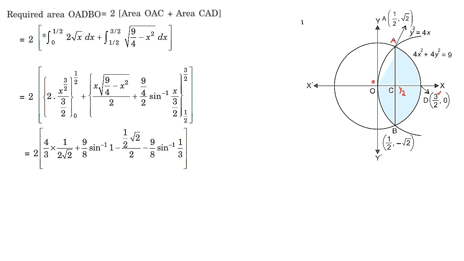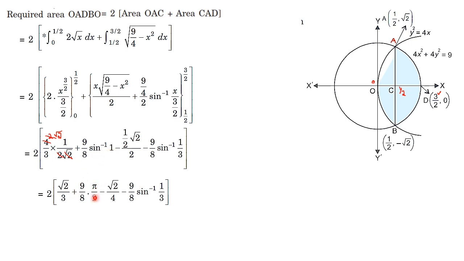Here 2 and 4 we can cancel, it will come as 2. Here the denominator has 1 root 2, again this 2 and root 2 cancel, and I will have only root 2 here. So when we take 2 outside, here we have root 2 by 3, plus 9 by 2 into sine inverse 1.